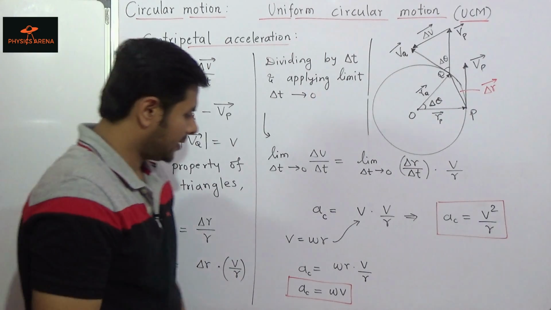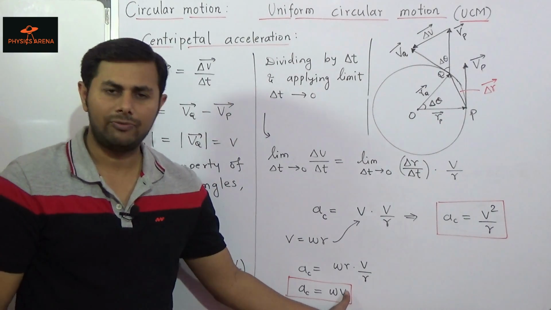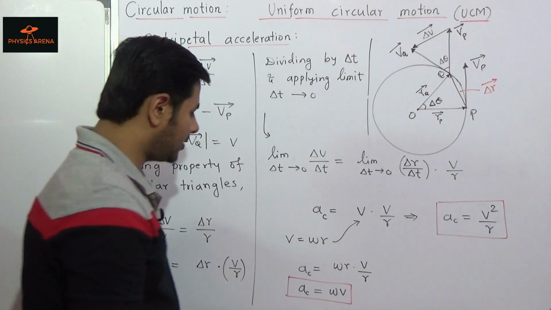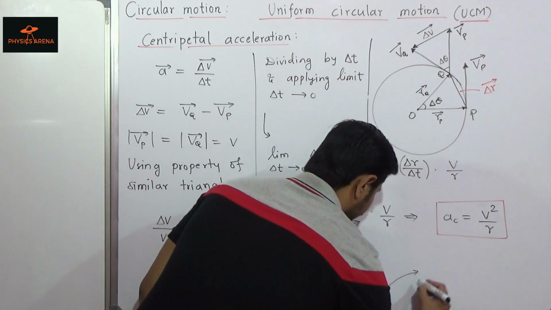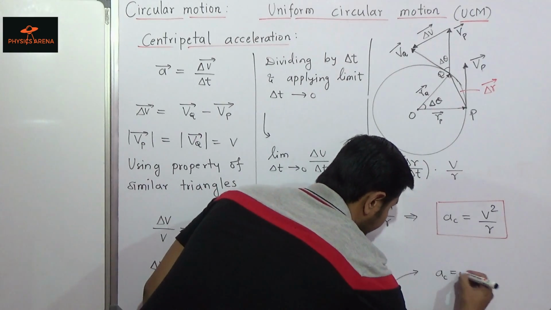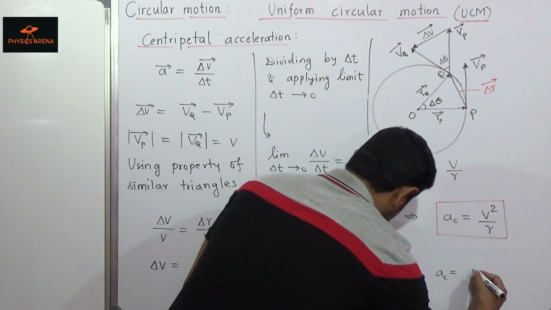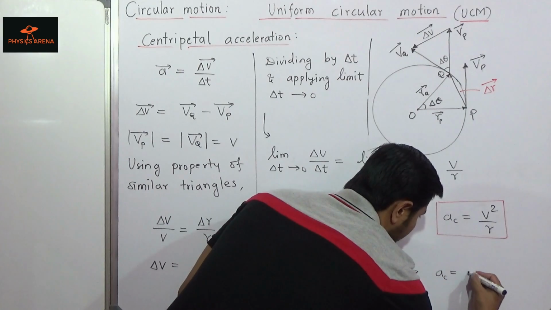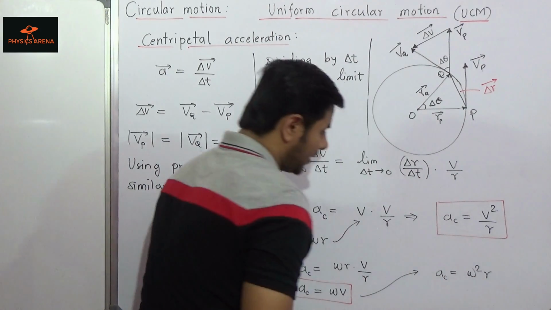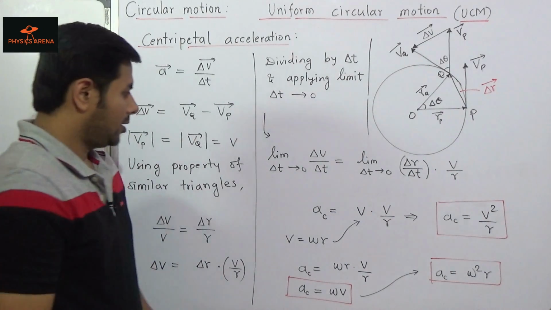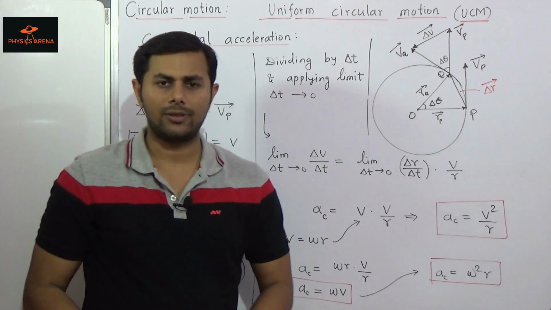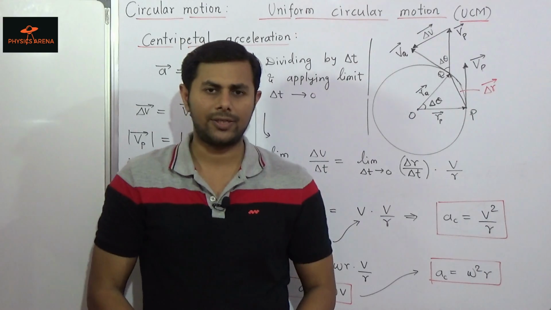And again I can substitute v equals omega times r for this v also, and using that I get another formula, AC equals omega square multiplied by r. So we have found the magnitude of centripetal acceleration.